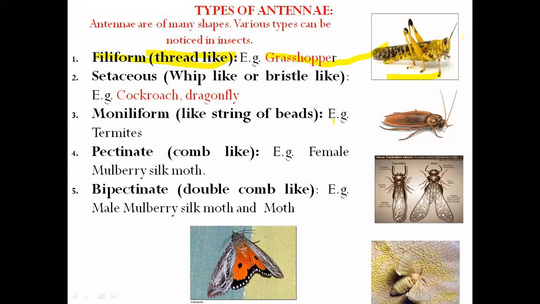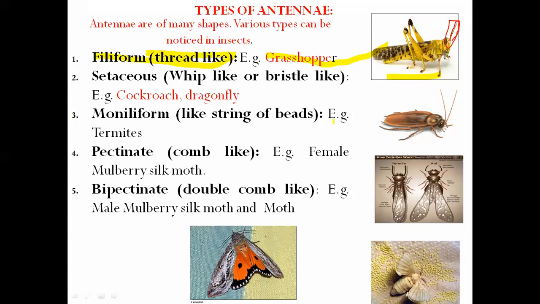Because of this antenna, I'm showing you this one. This is the antenna located on the antennal socket in the head region. All segments of the antenna, from base to apex, are of equal thickness.